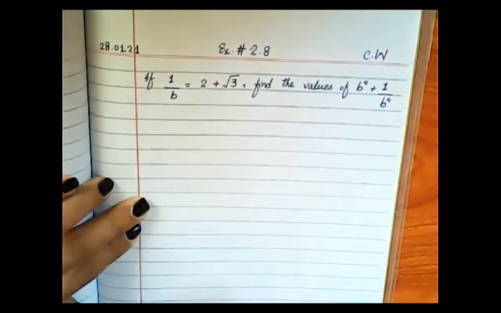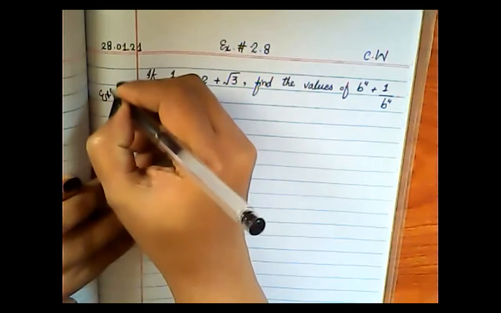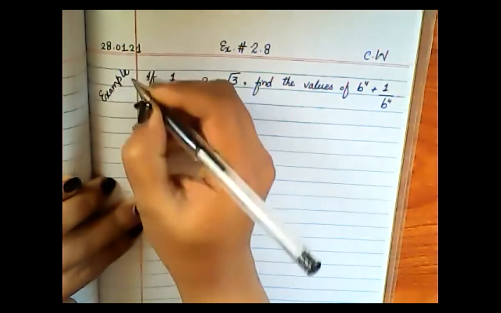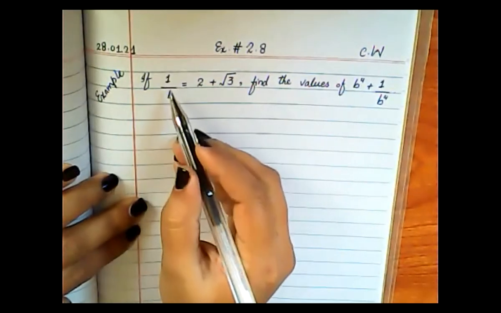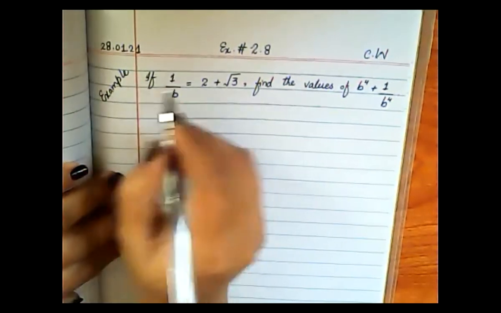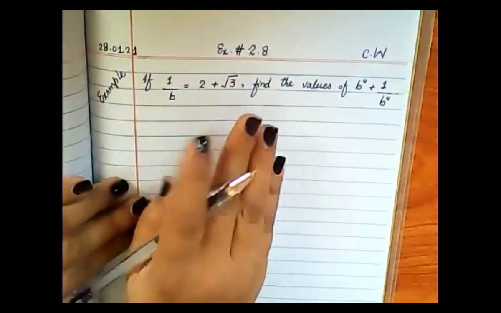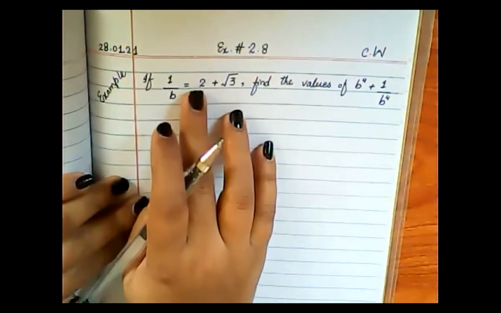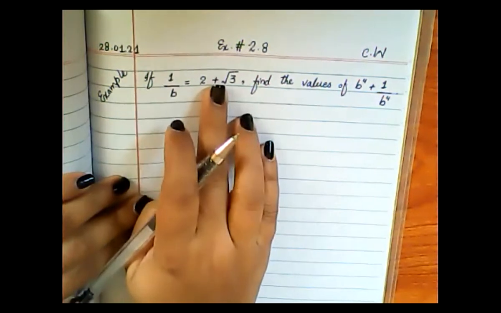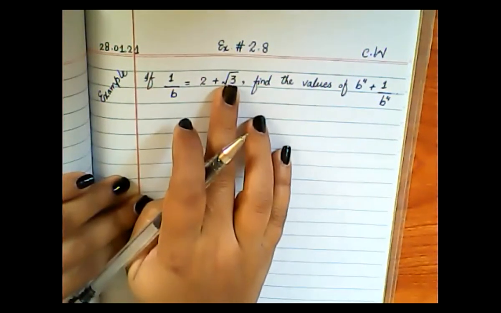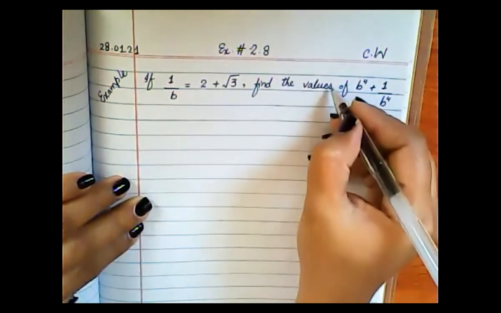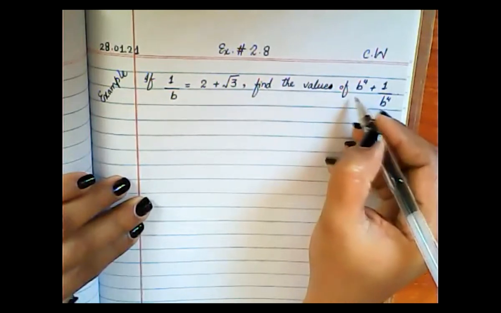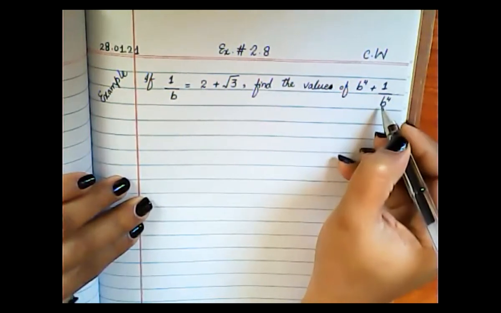This is your question and this is an example. Now look here: if 1 upon b is equal to 2 plus under root 3, find the value of b^4 plus 1 upon b^4.